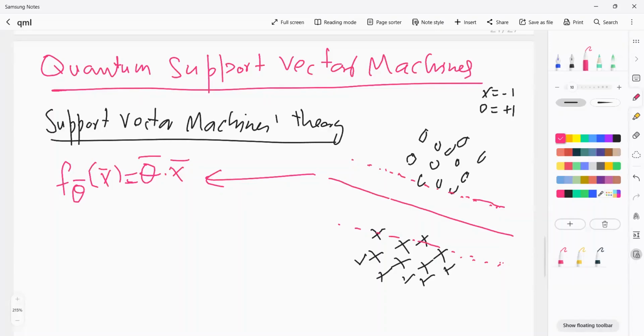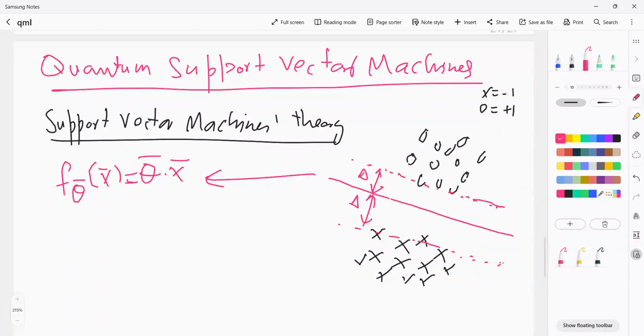So I'm taking b equals 0 for now. And suppose the distance of this plane from this side is delta, and similarly, it's the same distance from the other side. So it's in the middle of the region between the two.